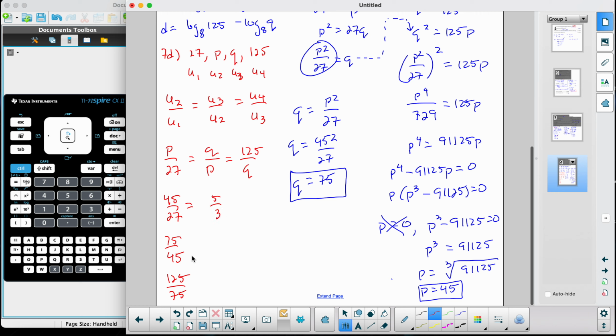For the next, I'm going to divide by 3 first, so that's 25 over 15. Then I'm going to divide by 5, which is 5 over 3. Both of these are divisible by 25: 125 divided by 25 is 5, 75 divided by 25 is 3. Boom. We did it.